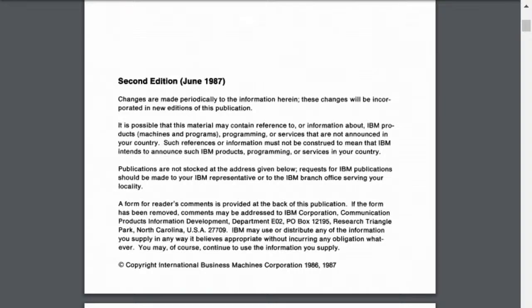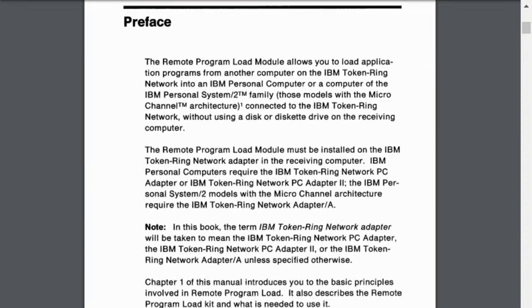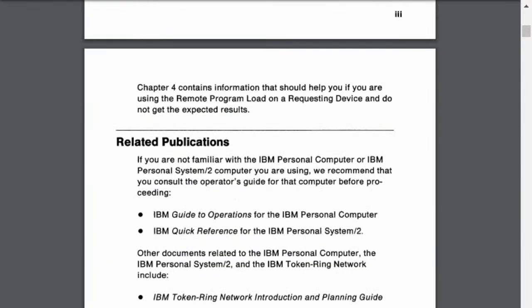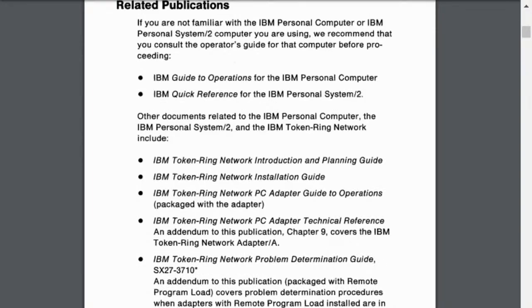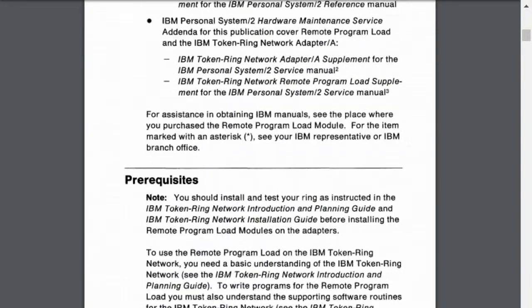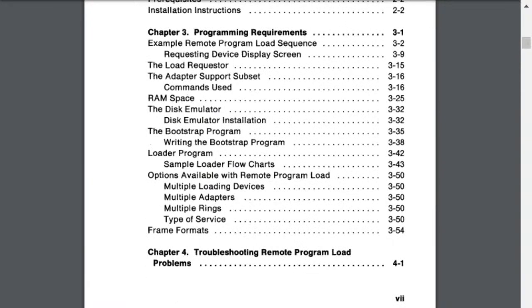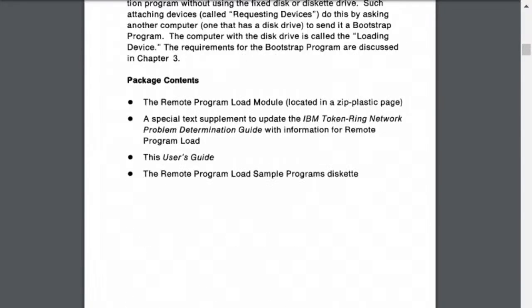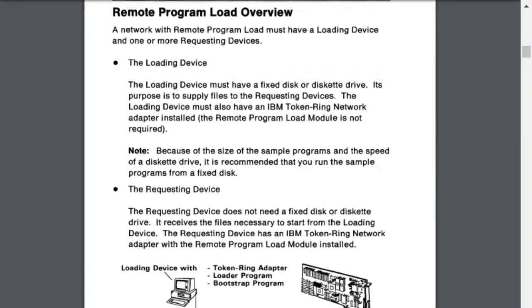This is June of 1987. Okay, and they show this remote program load overview, and they talk about the concepts of loading device or requesting device.